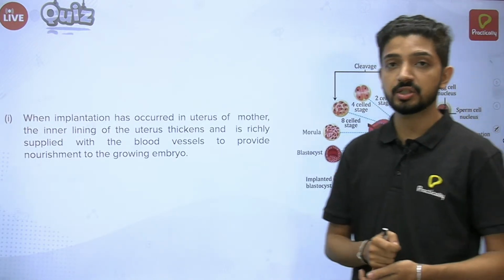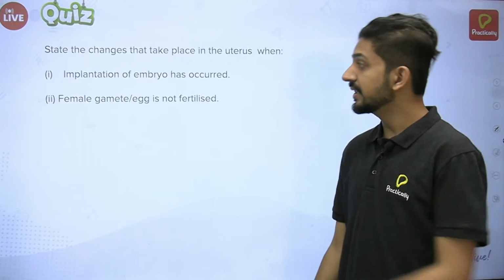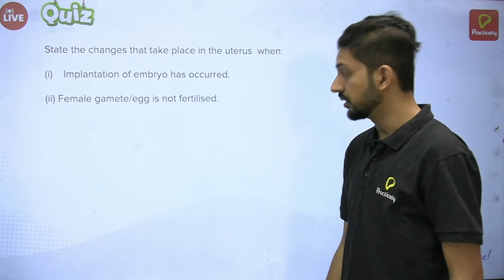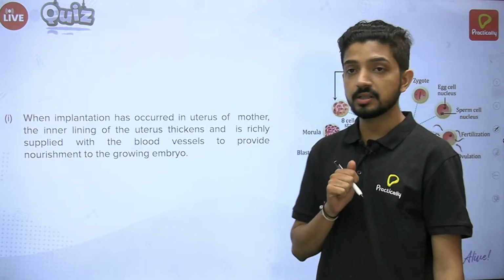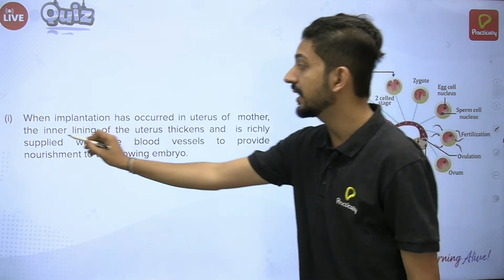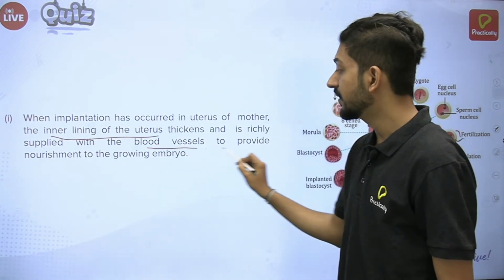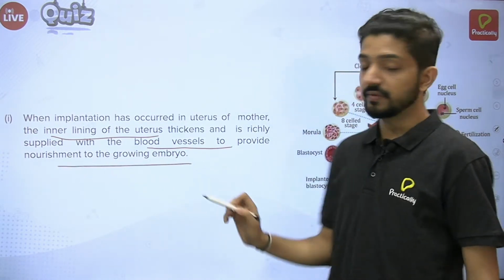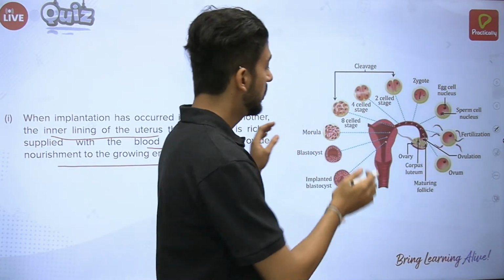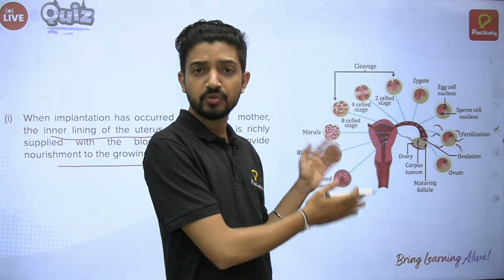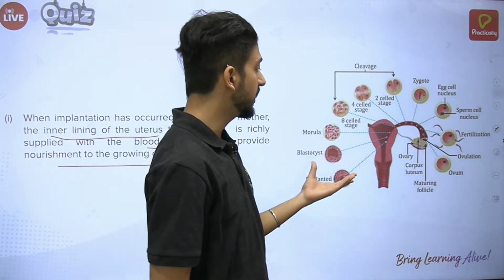The first condition, what was the first case? Implantation of embryo has occurred. So once the implantation occurs in the inner lining of the uterus, it is supplied with blood vessels to provide nourishment to the growing embryo. This diagram is just for reference. You need not draw this diagram. This is just for your explanation.